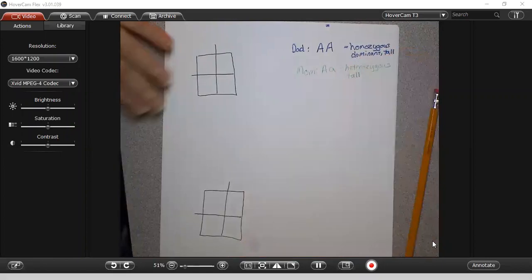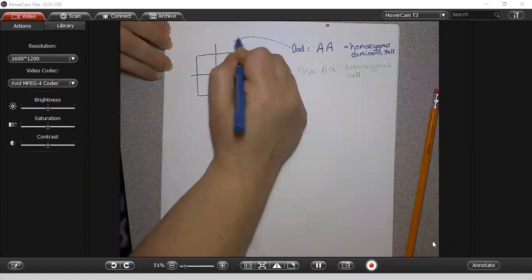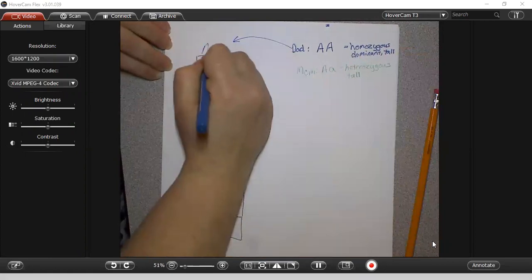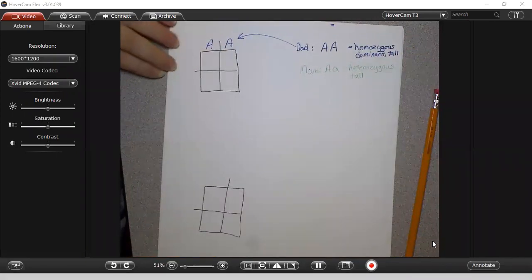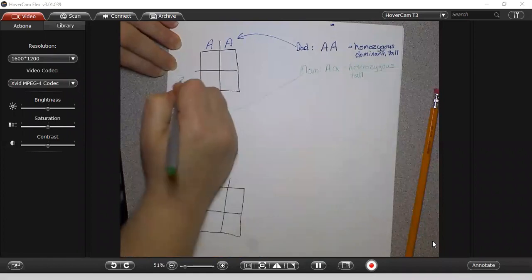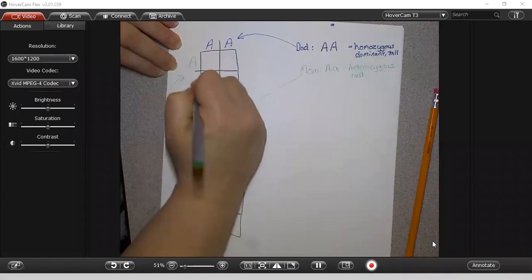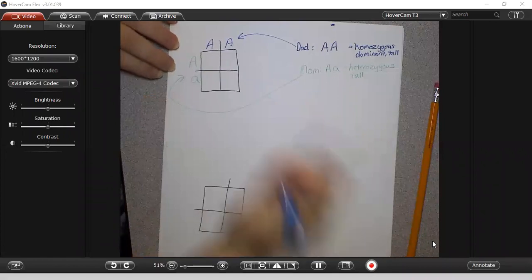Okay, so what you're going to do, hopefully you've done these Punnett squares in general biology, so this is review. But all you're going to do is take dad and put him at the top here, 1 allele per column. And then you're going to take mom, and she's going to go over here to the side, 1 allele per row. And then all you have to do is fill in your boxes.